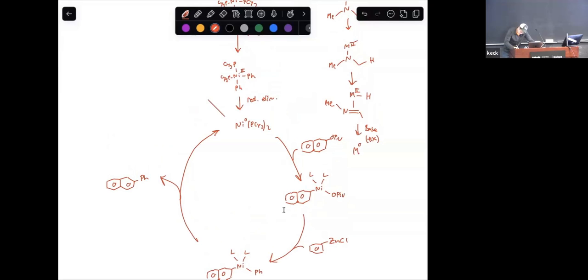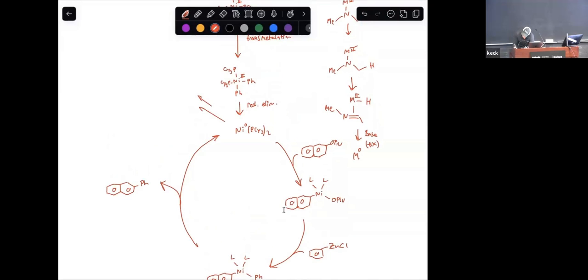If I understand, maybe I can just generalize this, which is to say that from this zero-valent nickel, which is true of a lot of zero-valent metals, you always run the risk of not being able to sufficiently stabilize them, and then they will form nanoparticles or clusters.